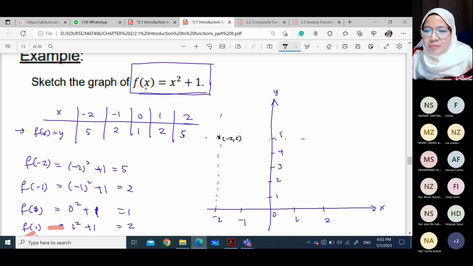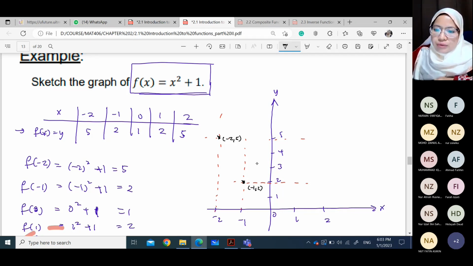Coordinate dia lah. And then as x is negative 1, y is 2. So buat satu garisan pada y equals to 2. So kita akan dapat satu point kat sini. So this point is negative 1, 2.